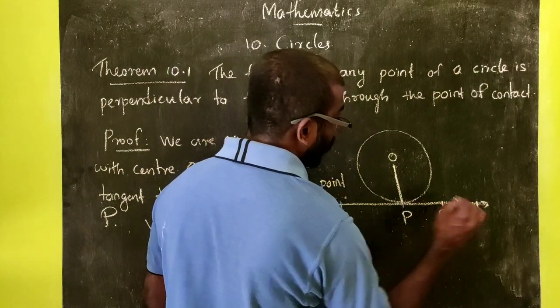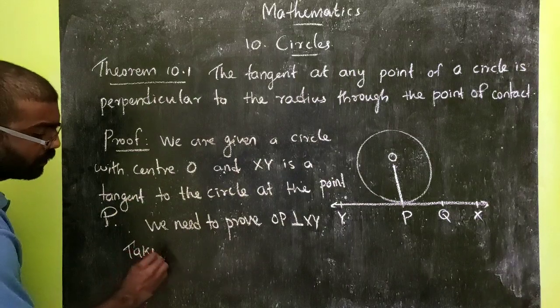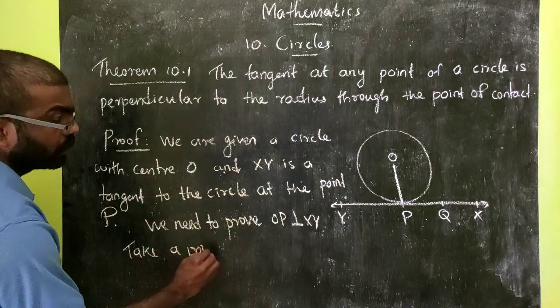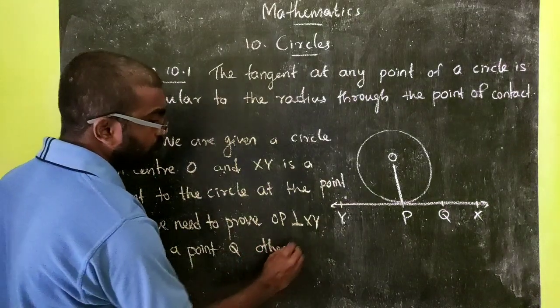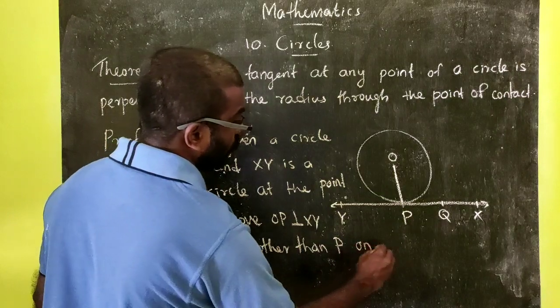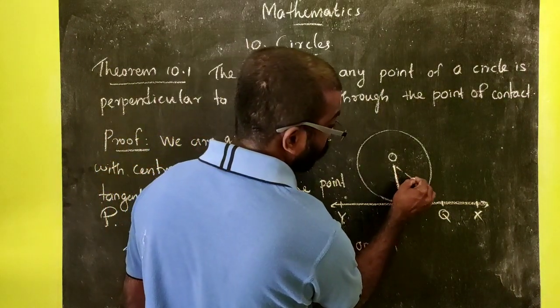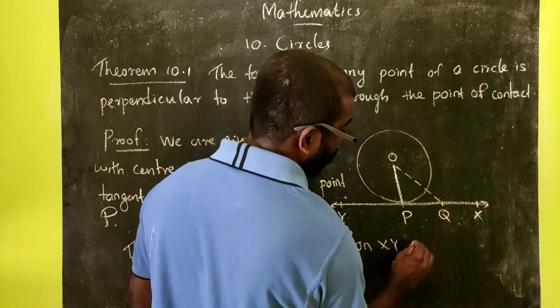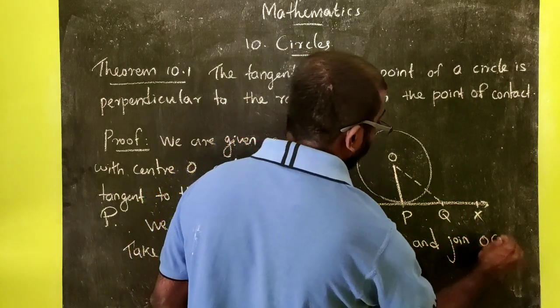Here I mark the point as Q. So take a point Q other than P on XY, and we can join OQ.